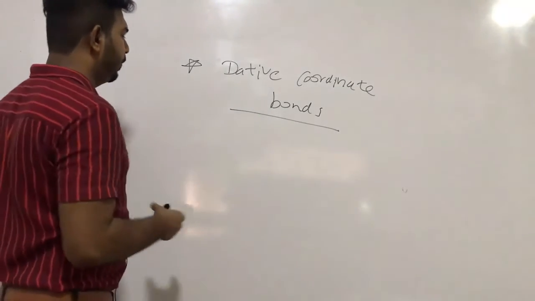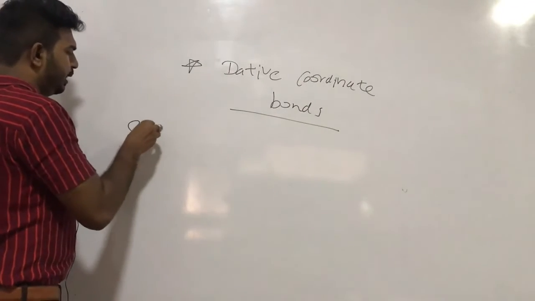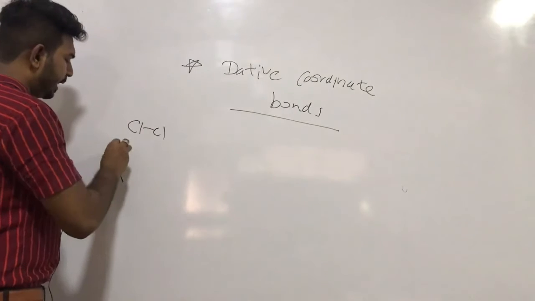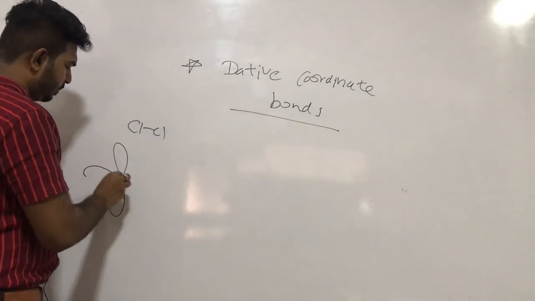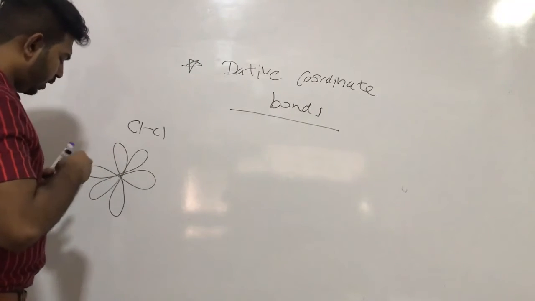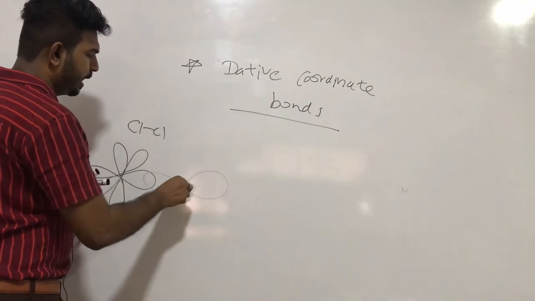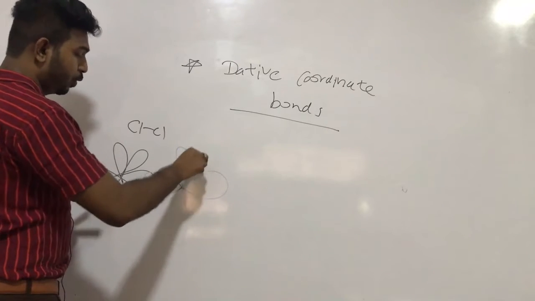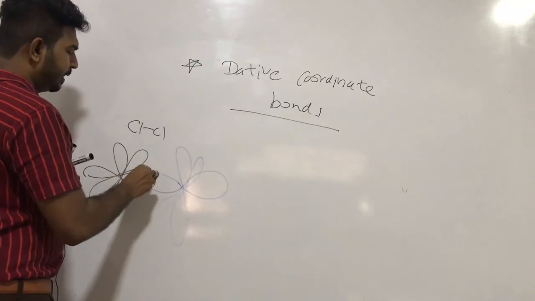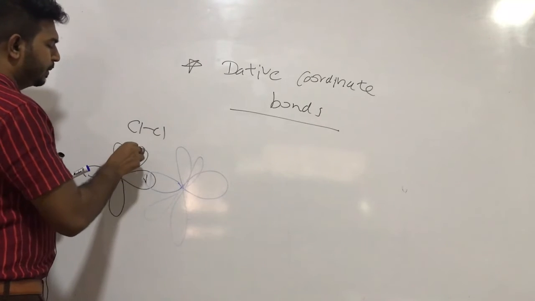If we consider normal overlapping, here if we consider chlorine, I think you can remember there were two orbitals, and there were some electrons here, electrons with the same spin.